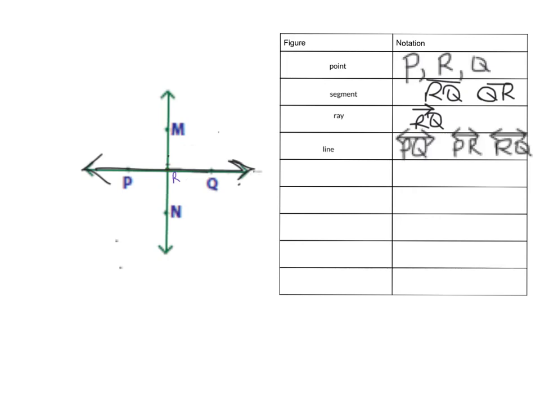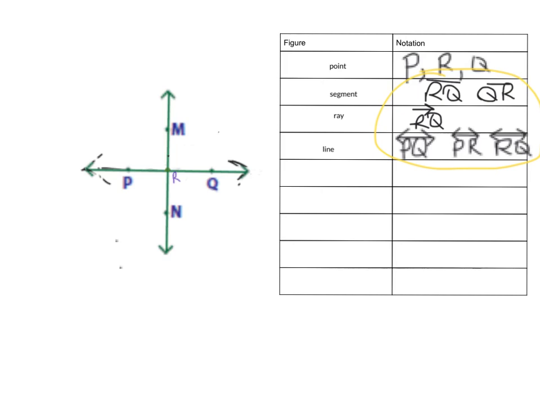Okay, back over here at our diagram, we can also take a look at, well, before we do that, let's take a look at the symbols that we've written so far. So on our notes page here, can you find anything you notice is similar, anything that is different about the notation for segments, rays, and lines? What is alike about that notation and what is different?